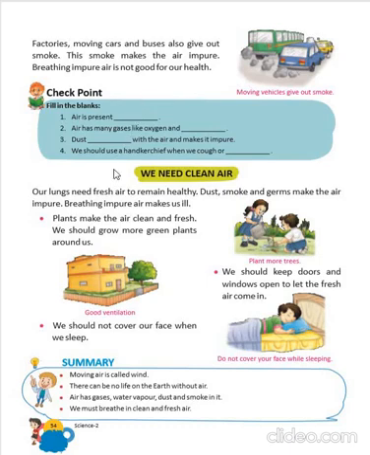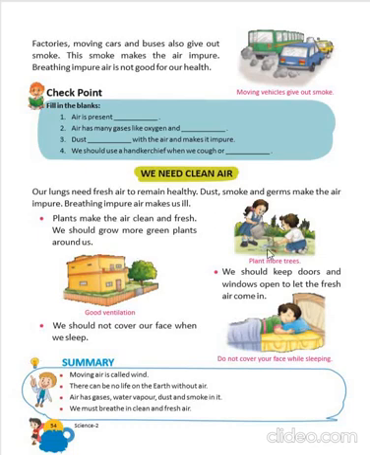Now let's come to we need clean air. As we all know that our lungs need fresh air to remain healthy. We all know that the air becomes impure due to dust, smoke and germs. Breathing impure air makes us ill. So what can you do?